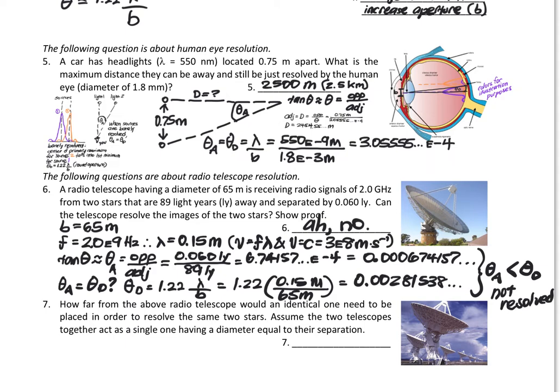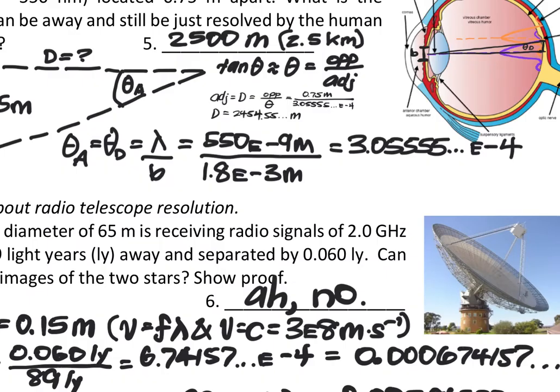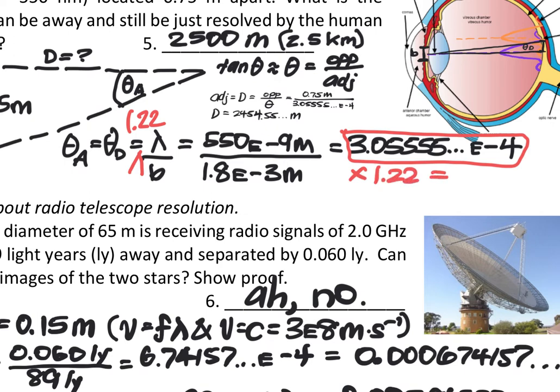Now, let's go back to number 5 and fix the numbers. It's going to be close to 2,500 meters, but not exactly. I forgot the 1.22. All right, so this theta A does equal theta D, but that theta D is not lambda over B. We're talking about a round aperture for the eye, so we need 1.22 times lambda over B. So that's fixed.